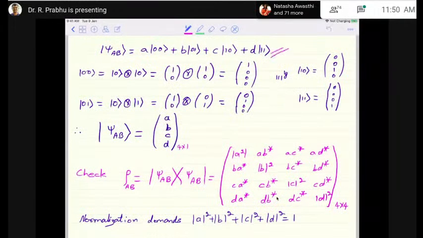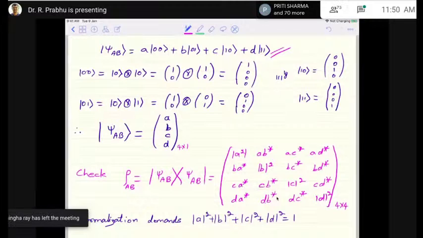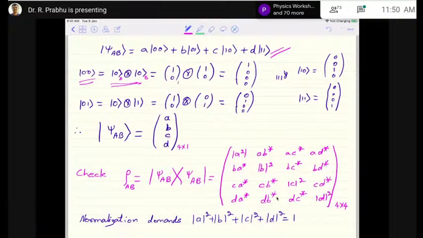Once we have a 2-qubit system, we can eventually identify its matrix structure as well. Here |00> is nothing but |0_A> tensor product |0_B>. The corresponding matrices are given by this expression, and you know how to do the tensor product: the first element times the entire second matrix, then the second element of the first matrix times the entire second matrix.